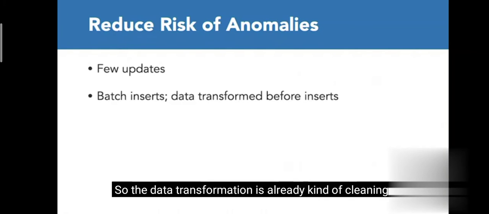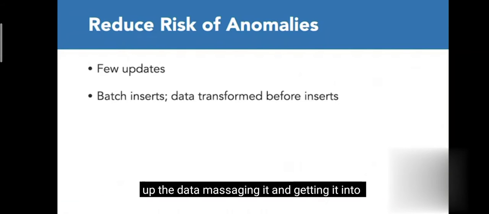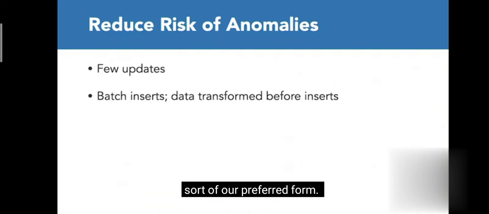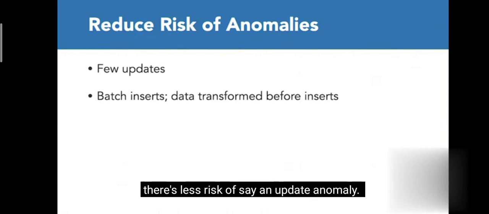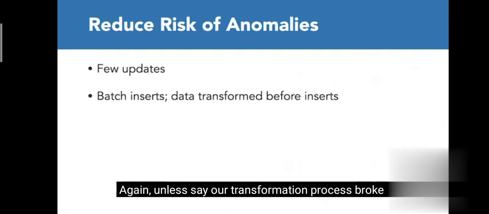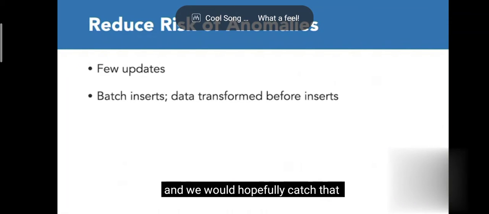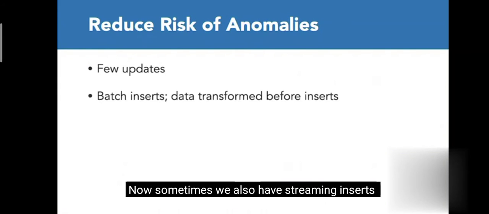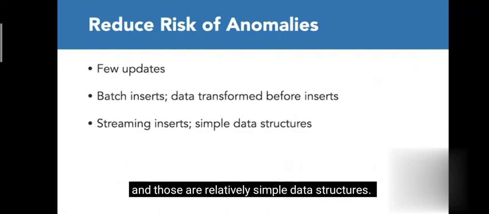So the data transformation is already cleaning up the data, massaging it, and getting it into our preferred form. So in that case, again, there's less risk of an update anomaly. Again, unless our transformation process broke, but that would be a significant event, and we would hopefully catch that with our monitoring system.